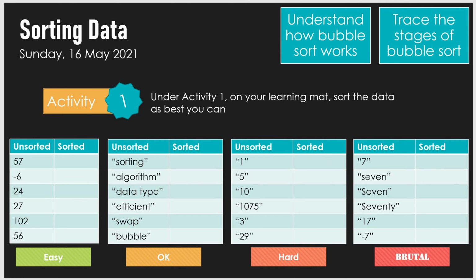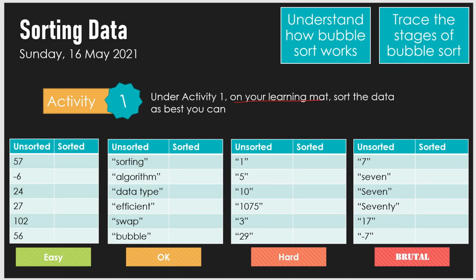Now, this is going to put us directly into an activity. So this activity is very basic, and don't worry about the fact that it says on your learning mats, because I use this presentation in my lessons, so you're not going to have this mat at home. You can just use a piece of paper if you wish. That's up to you. So the activity is very simple.